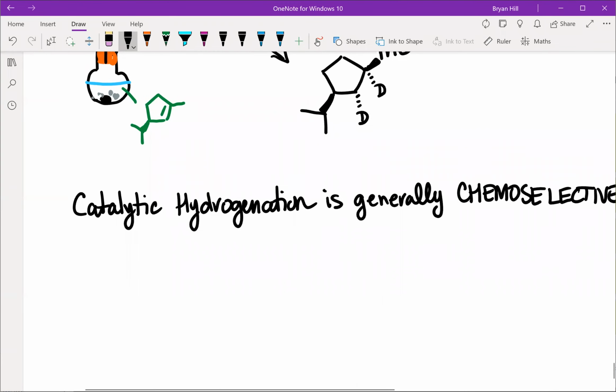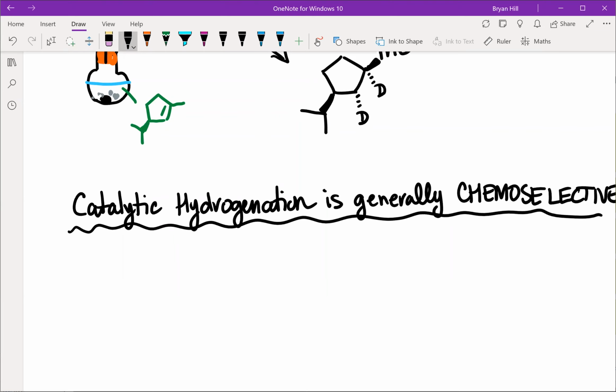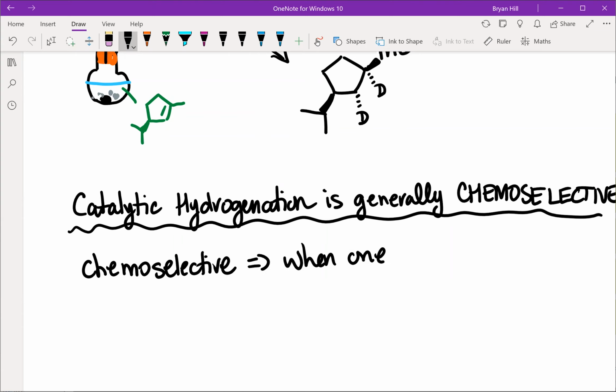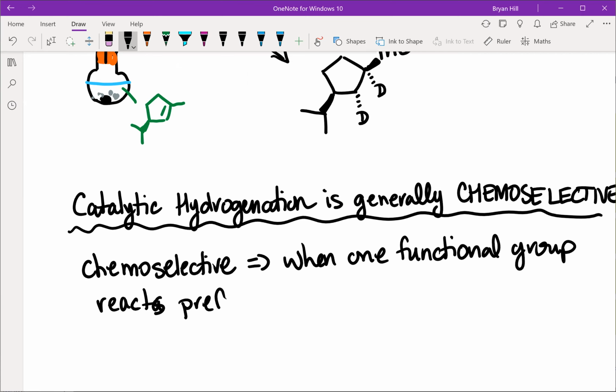So chemoselective, what in the world does chemoselective mean? This is when one functional group reacts preferentially over another.